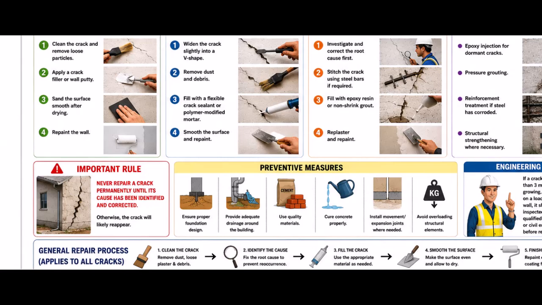So the general repair process for all cracks as we have discussed above is: number one, clean the crack, remove dust, loose plaster, and debris. Number two, identify the cause, fix the root cause to prevent reoccurrence.